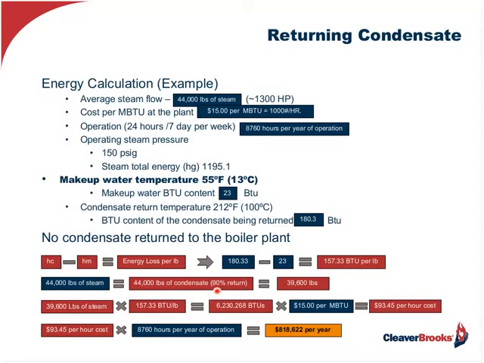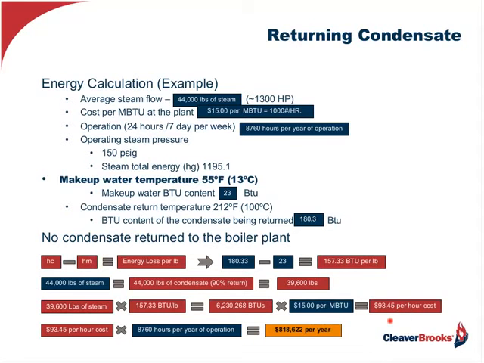So that's 39,600 pounds times the 157.33 BTUs that I have to add. Go through the math at $15 per million BTUs, that's $93.45 per hour in cost that I can either save or I can lose.